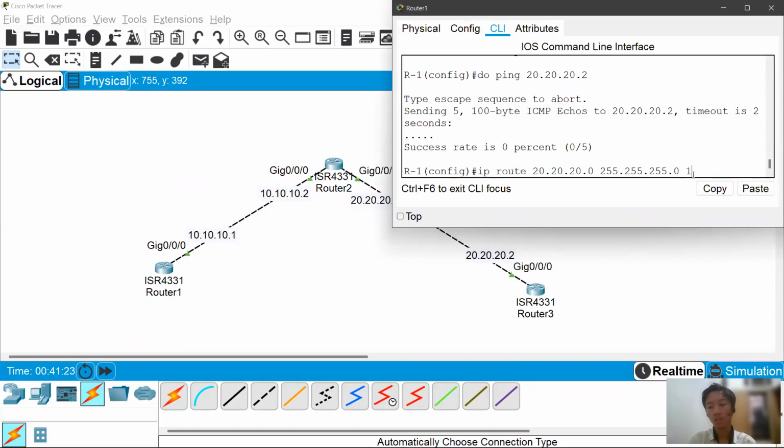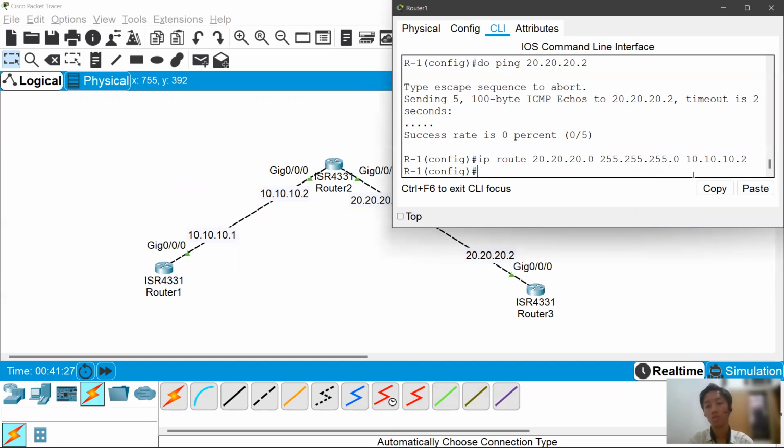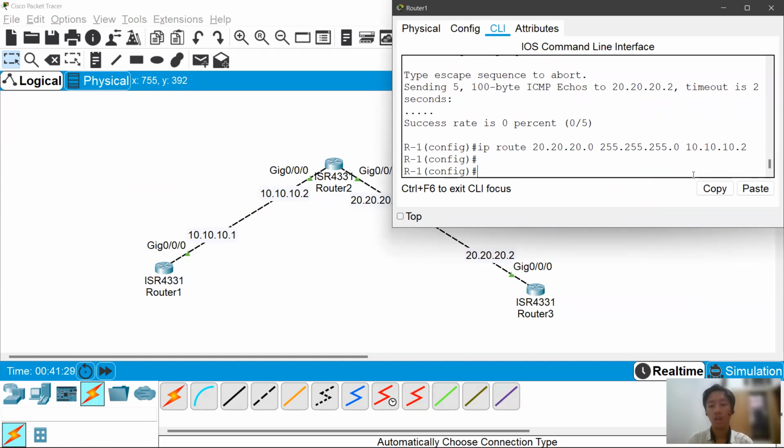Okay, and we do IP route again, the IP route for the loopback between router 2 and router 3.